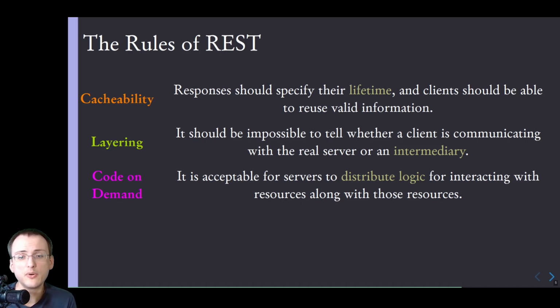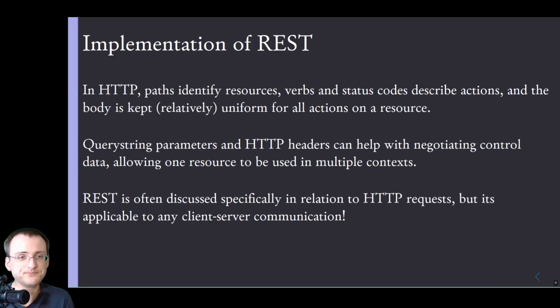In terms of how this actually plays out, most of the time when we're talking about REST, we're talking about HTTP. And in HTTP, if we're implementing a RESTful API, our paths in our HTTP requests identify resources. And the verbs and status codes describe this control data about these resources, what action you want to perform and what action the server took in response.